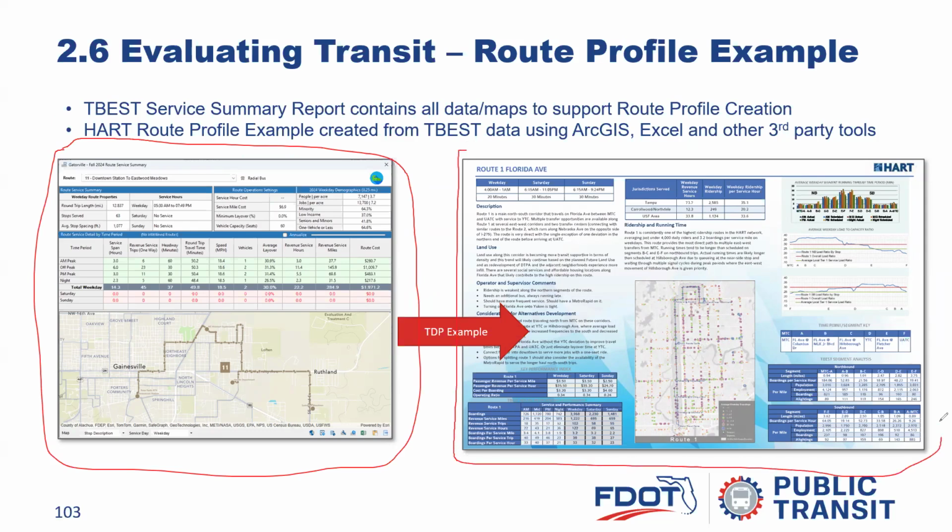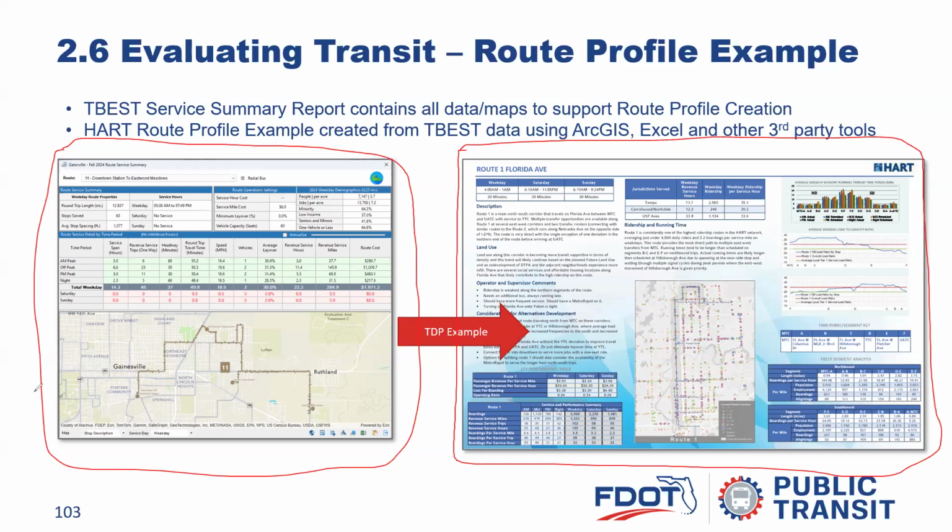Like this is an example from a TDP at HART, where you can use the TBEST data to show lots of different information, tables and charts, and then some narratives where you're summarizing and giving a route profile that you can summarize in TBEST. So that's kind of what we're aiming at with this particular tool, is being able to summarize and create a detailed route profile using the TBEST tools related to primarily the route service summary.